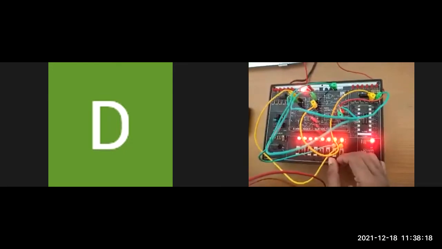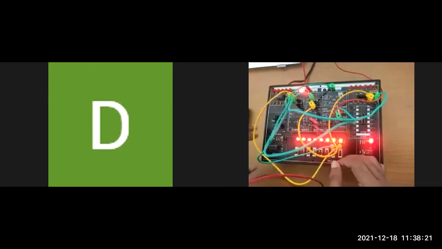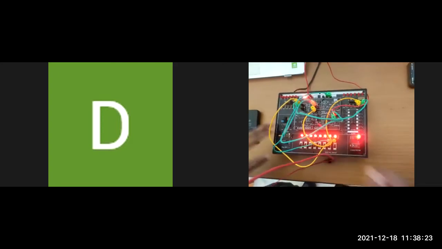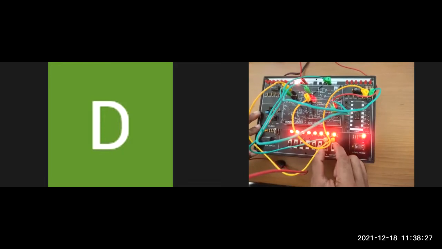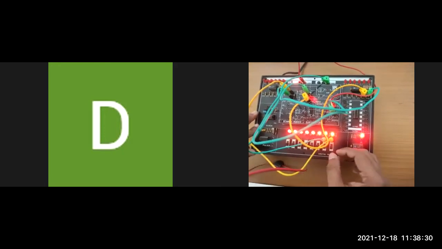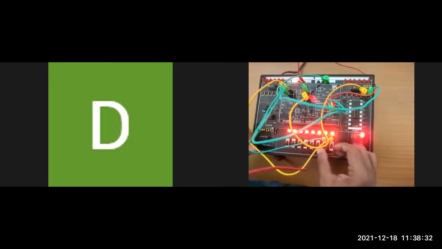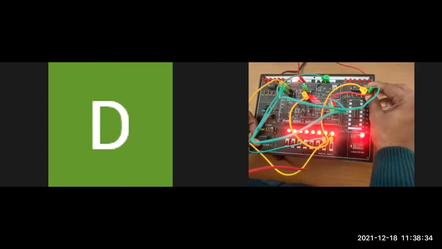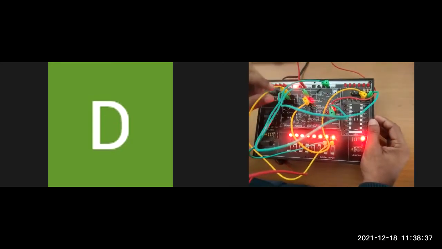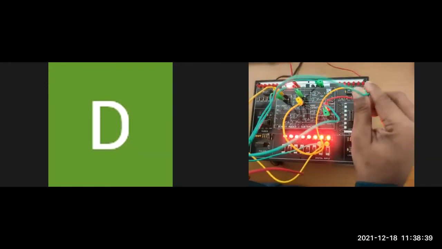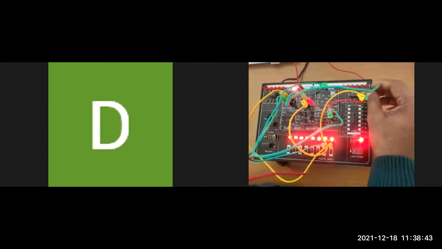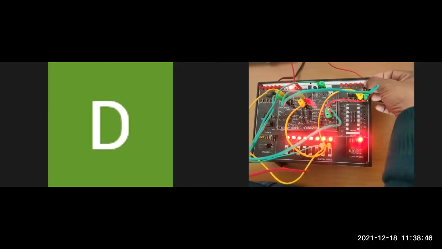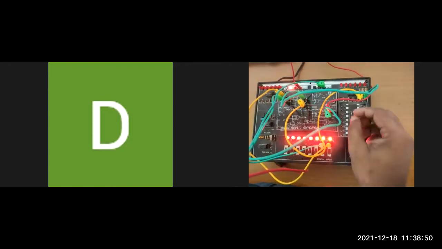For the half adder we need 2 inputs, so we connected these two digital inputs. The first combination is 0 0. This green wire is for sum, and the second wire, this yellow one, is for the carry.